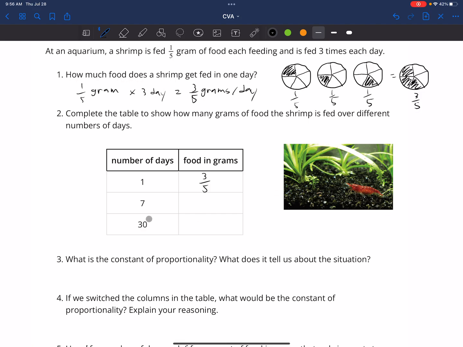Now after 7 days, we have to do 3/5 per day times 7, because that's 7 days.